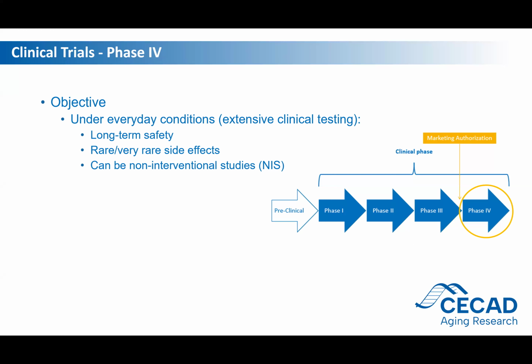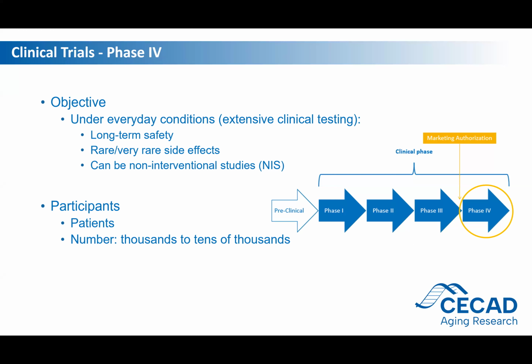And we here have the chance, because it's marketed, to either create a clinical trial as a phase 4 study or do non-interventional studies. We will go back to that in a few slides, what the non-interventional study actually means. But now, after marketing approval, you're not bound to do a clinical trial anymore, depending on what you want to see.